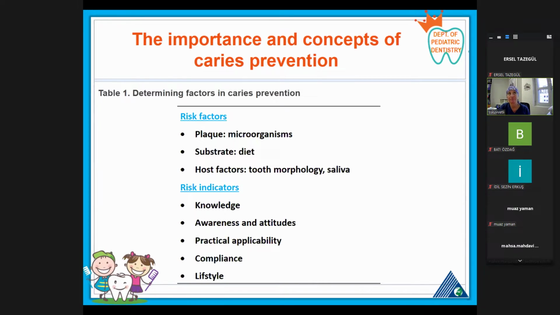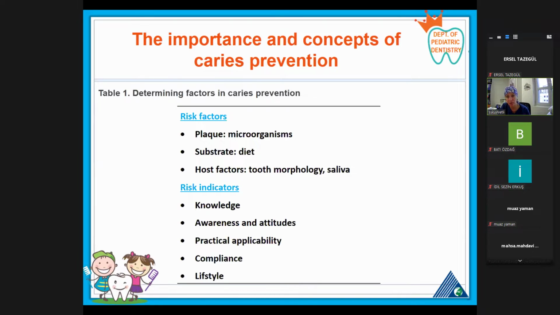They are not directly related to the disease, but they are indirectly, but have an important role indicating that a person is prone to the disease or can be stronger in the prevention of the disease.